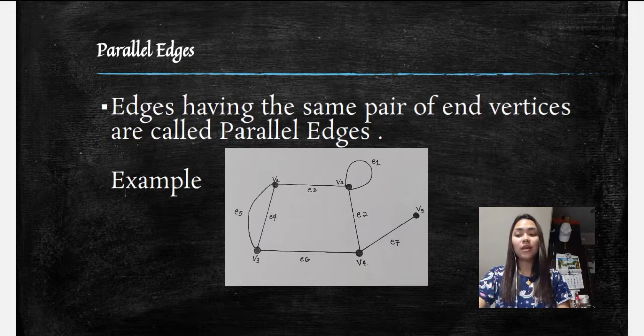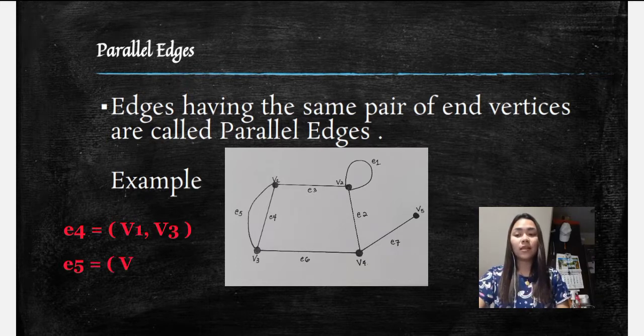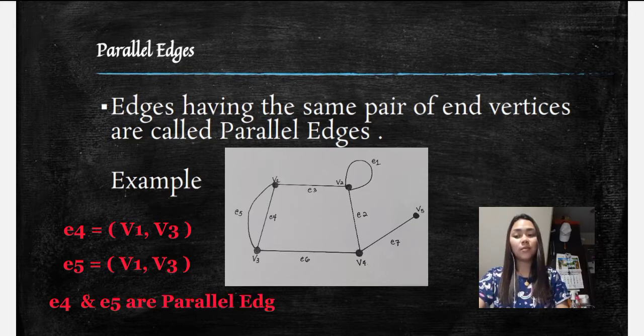Edge e4 lies between the vertices v1 and v3, and edge e5 lies between the vertices v1 and v3. Both are identified by the pair of vertices v1 and v3. Therefore, e4 and e5 are parallel edges.